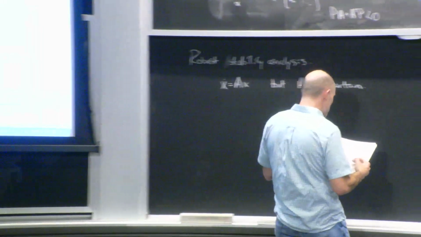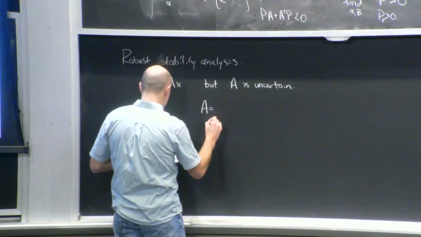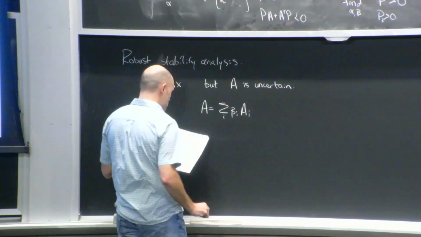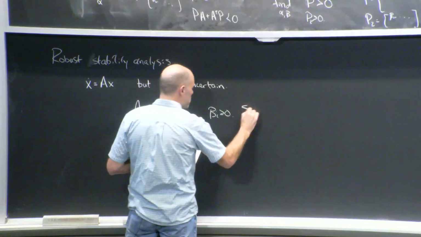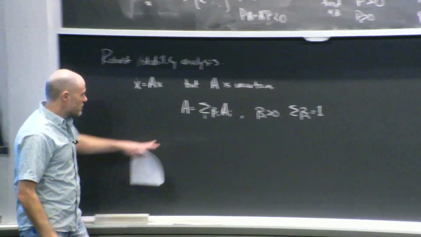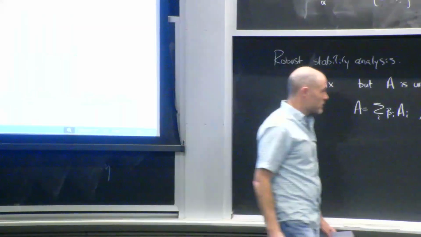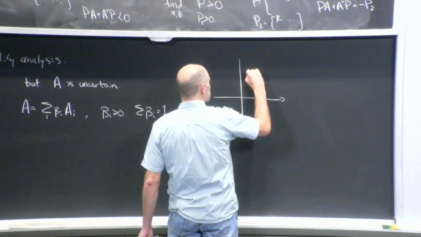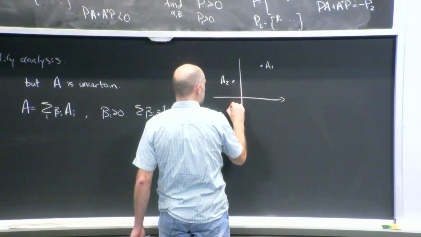The way I'm going to write that is I'll say that A is a linear combination of other A matrices. So it's sort of like if you have a bunch of A matrices in the coefficient space.